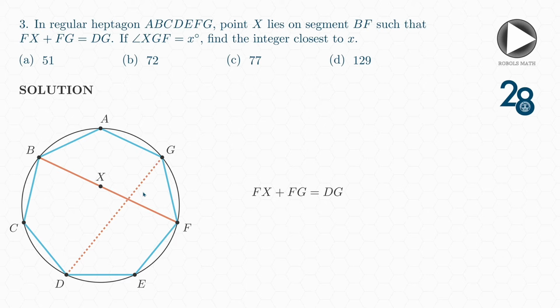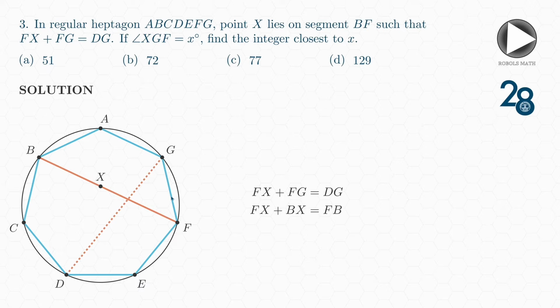To proceed with this problem, the next logical step is to consider what's known to us. In this case, we have X positioned here, and we should know that by segment addition, we have FX plus BX being equal to the total line FB.